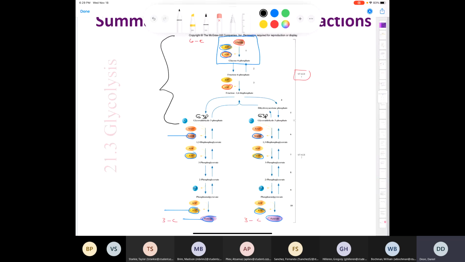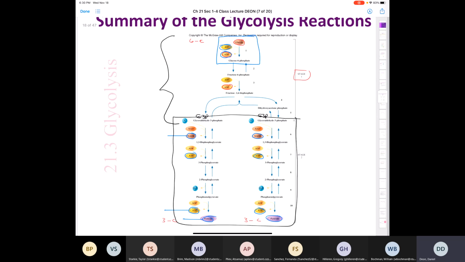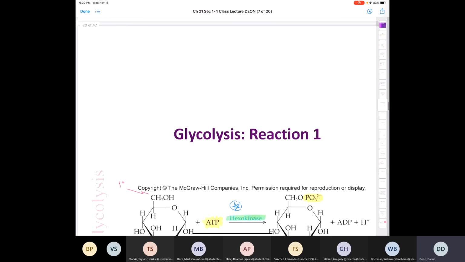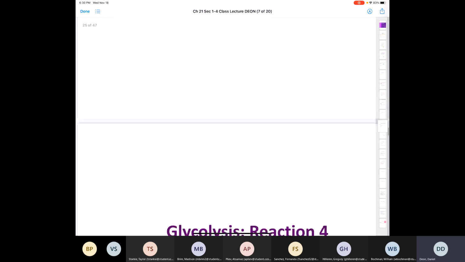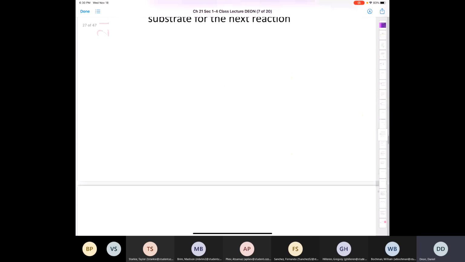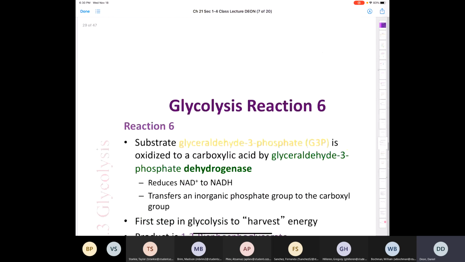I promise you that both sides of this stuff here, they're identical. Okay, it just happens twice because we divided the molecule in two. So there aren't like 10 more reactions, only 5 more reactions to look at. Okay, what's going to happen to that G3P molecule, and when are we going to start getting a payout, right? So far, all we've done is lose energy, right, when we used up ATP molecules.